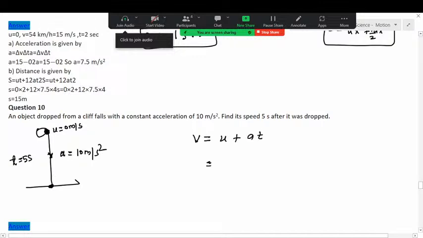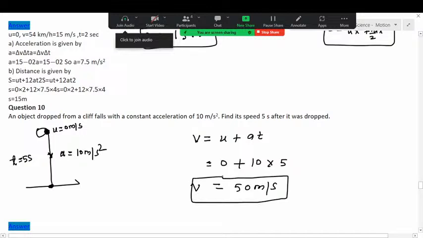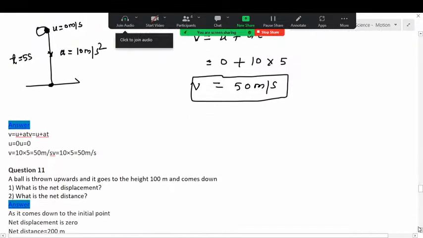If we use this formula, u is equal to 0 here, a is equal to 10 here, t is equal to 5 here, we will gain the speed of 50 meter per second in this 5 second time duration. Is it clear for you? Very good. 50 meter per second is our answer.